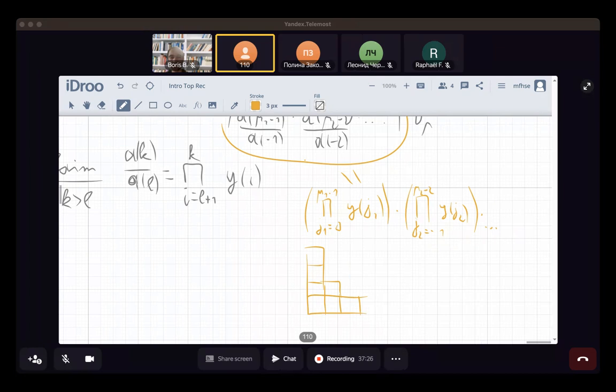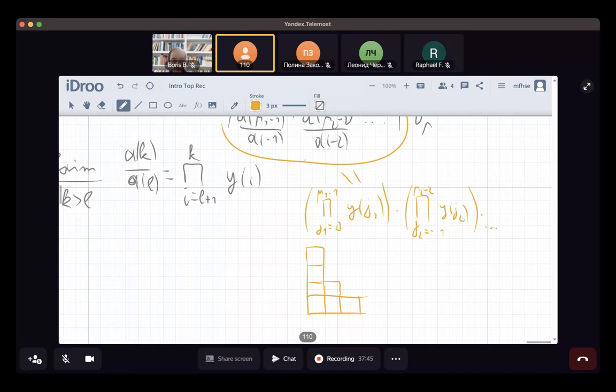Let's see how to put them so that this is correct. What is the content? The content of the lower left box is 0, right? It's 1 minus 1. Here the content is 2 minus 1.